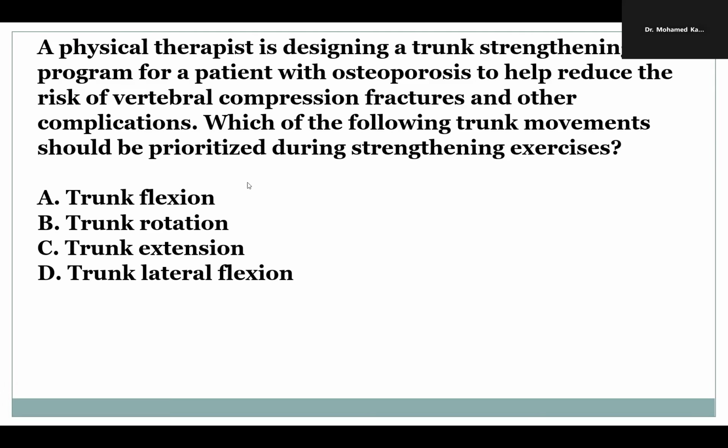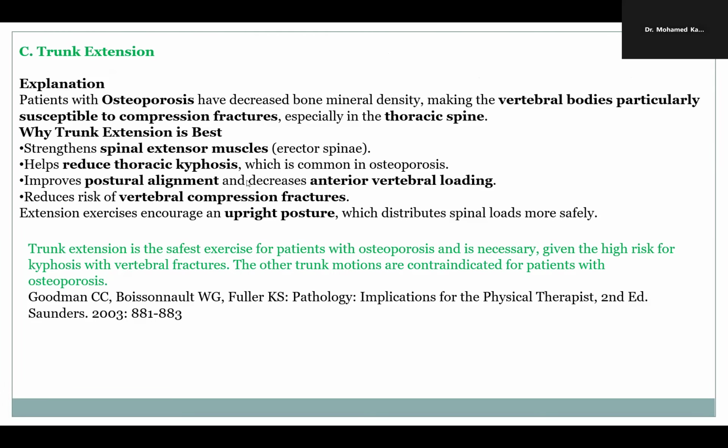Let's look at the answer. The answer is trunk extension. Why? Patients with osteoporosis have reduced bone density, and before that we have what's called osteopenia. Osteopenia is the status of reduced bone density just before osteoporosis.